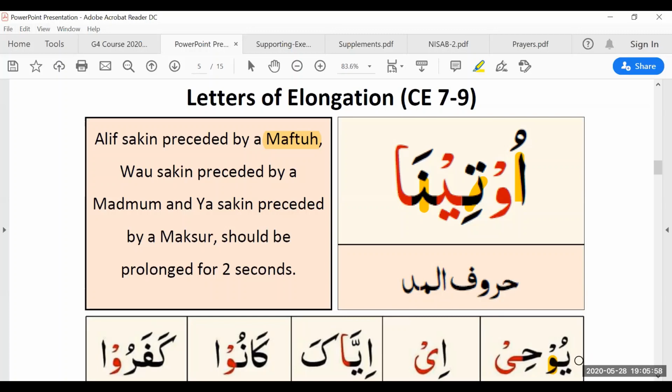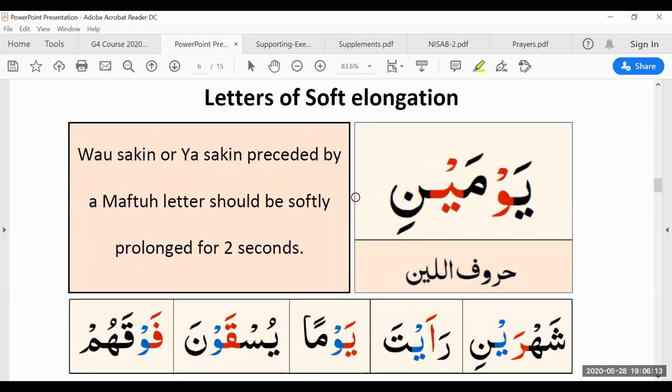Yuhi. Okay. Yuhi. And remember, ha has a prominent sound. It comes from the middle of the throat. So we should also be mindful of that. Okay, Jazakillah.